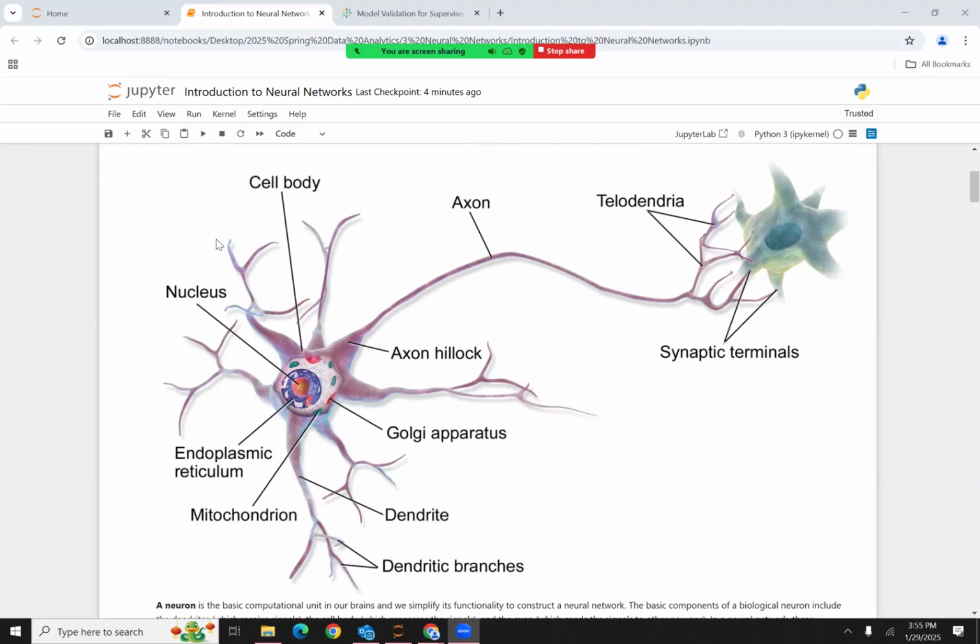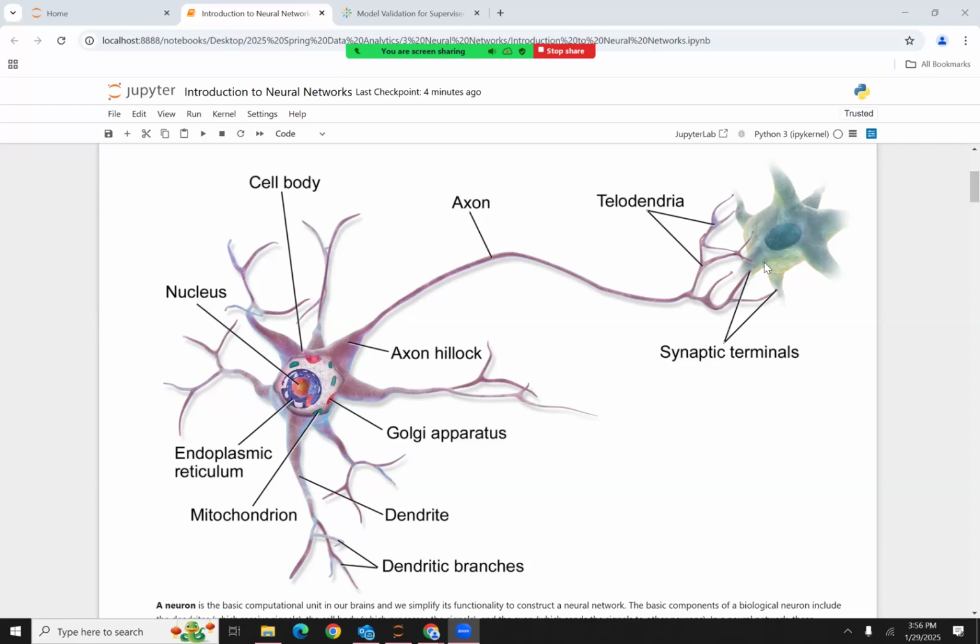The connections are electrical connections or chemical connections or both, and they pass through these dendritic branches. So the signals come in, they're either attenuated or amplified in these branches. And finally, if they exceed a certain threshold, then we're going to be sending that signal downstream to more neurons along the way. So that's what a biological neuron essentially does.